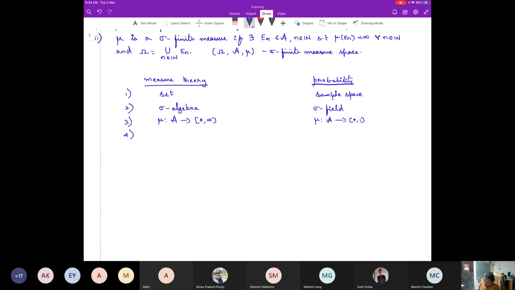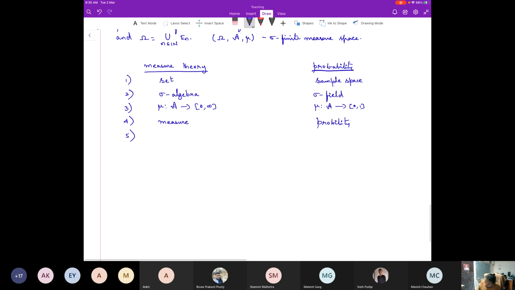Here we call this a measure. There it is called a probability. The next one after measures, we are going to see measurable functions. Mostly after the minor one, we'll be looking at the so-called measurable functions.